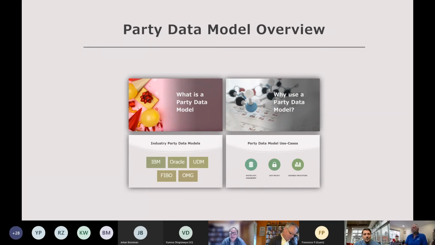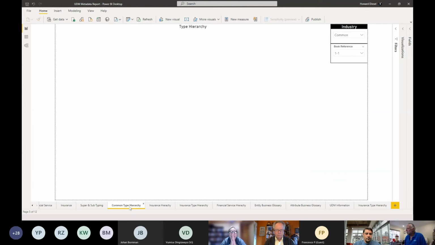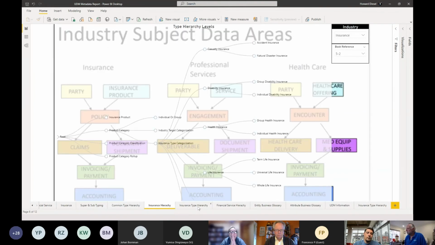Howard, I really liked your Power BI analysis on the Silverstone stuff. That's pretty cool. Yeah, what I found with just walking into an enterprise data model is you need some way of navigating and understanding what the different areas are, and the type hierarchies are quite massive in the different elements.